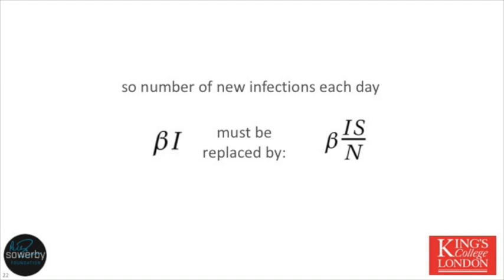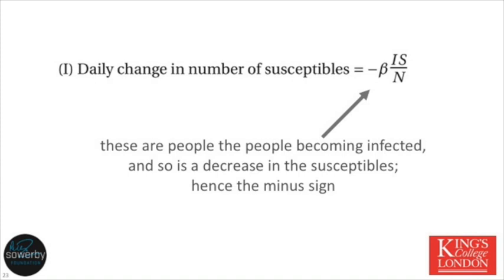So we can say the daily change in the number of susceptibles is minus beta IS over N. The minus sign is there to show that the change in susceptibles is a decrease. Each day, beta times IS over N people become infected and so are no longer among the susceptibles.